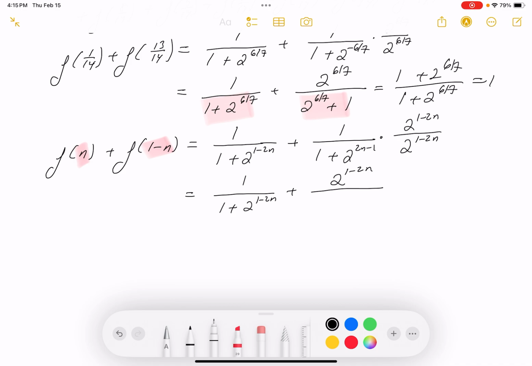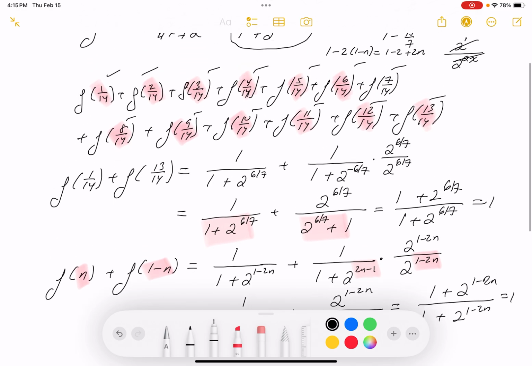On the bottom, 1 times that is 2 to the 1 minus 2n, plus, now if you look at these exponents over here, this whole point of doing it, they sum to 0, and 2 to the 0 is just 1. So I'm left with a generalized pattern, and I'll put this over here for you. And you get 1 plus 2 to the 1 minus 2n over 1 plus 2 to the 1 minus 2n, which is 1.